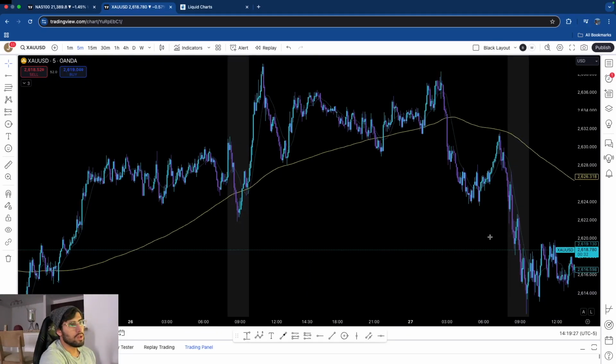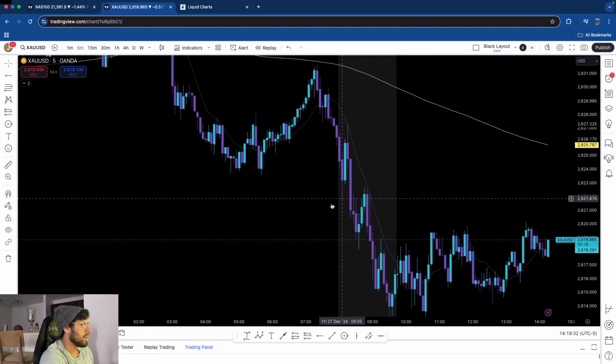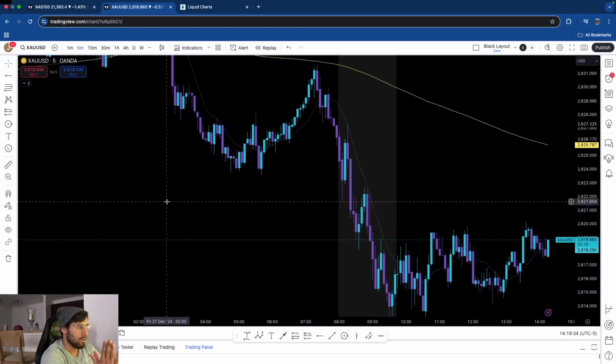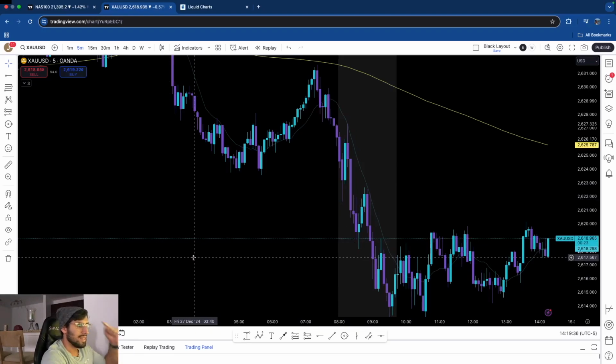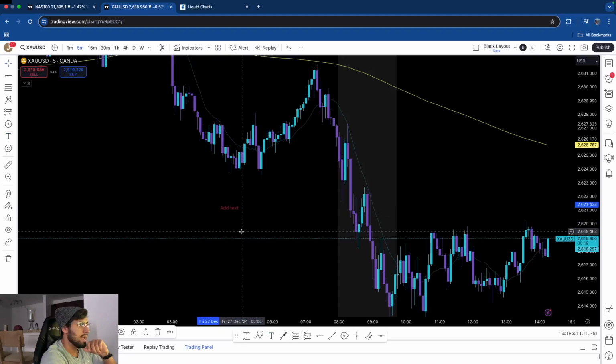Okay, so gold. I've mentioned this in other videos and other trade breakdowns. Three things have to happen. You need to lock these things in. You need to write this down. The three things that need to happen. One, break of structure. I'm going to be very quick with this and just straight to the point. Two, gap liquidity must be tapped or filled.